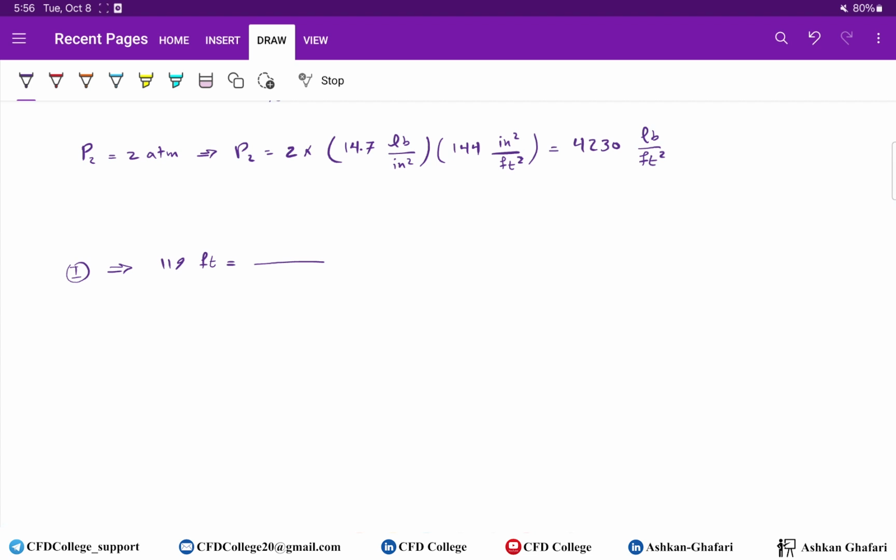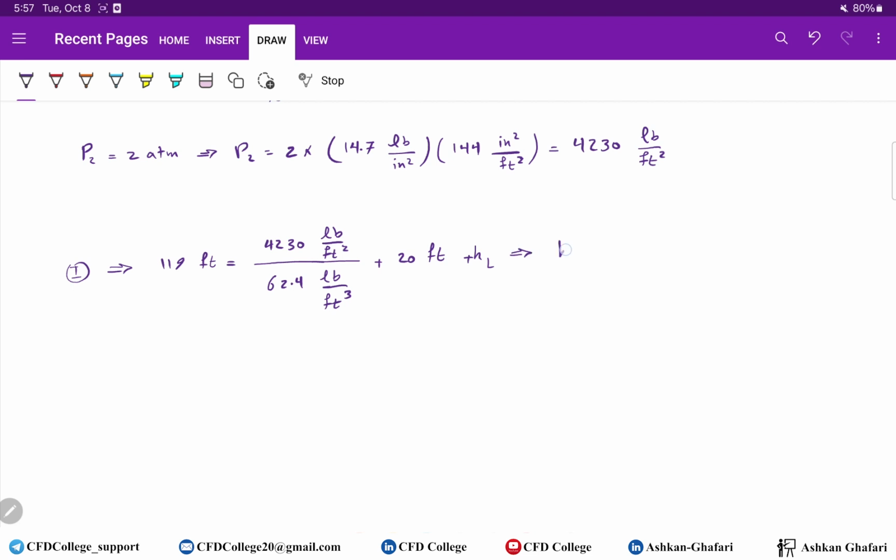So HP equals P2, 4230 pounds per feet square divided by gamma, 62.4 pounds per cubic feet, plus Z2 plus HL.